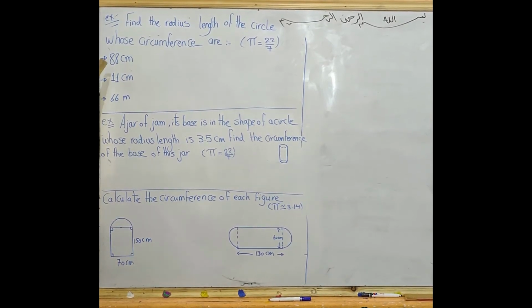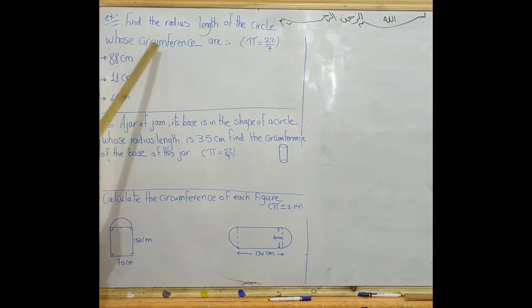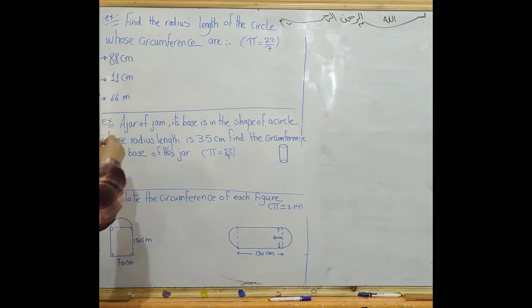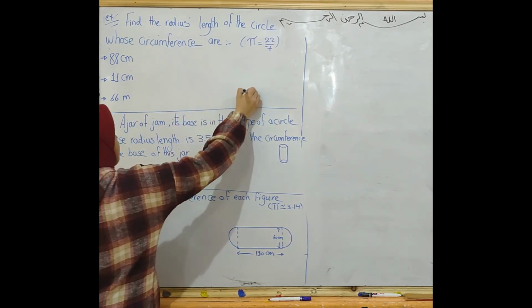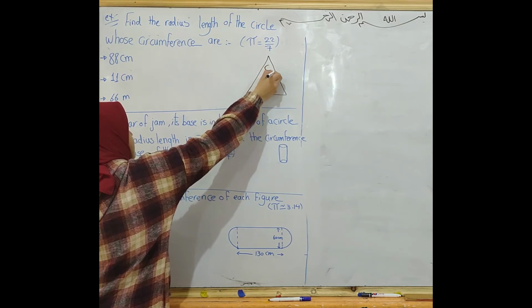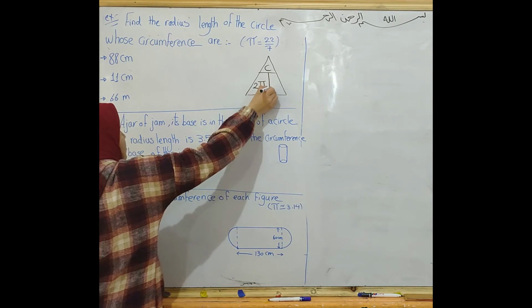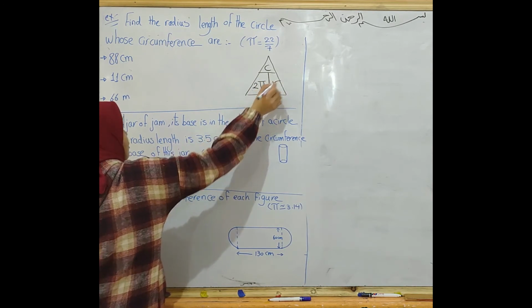Now we learn how to find the radius of a circle whose circumference is 88 centimeters, or 11, or 66. In the first one, the circumference is 88 centimeters. We can write the rule: circumference of the circle equals 2 multiplied by pi multiplied by r.